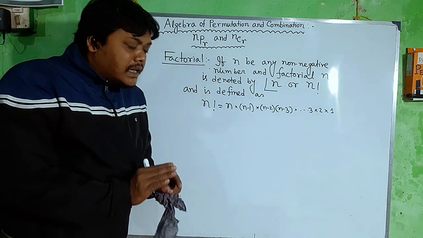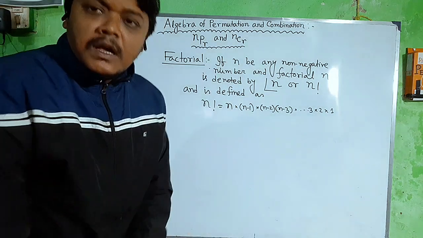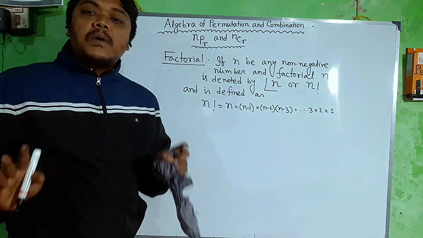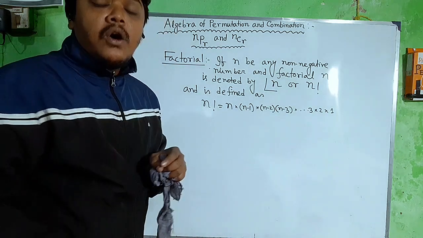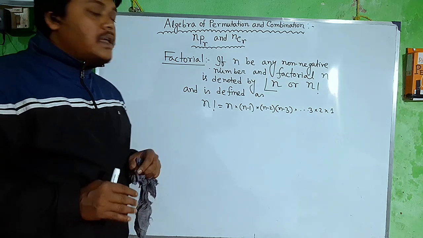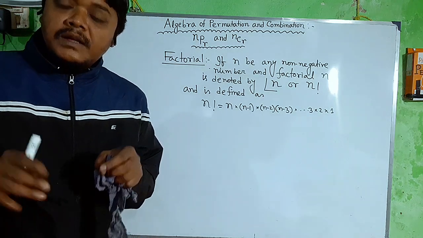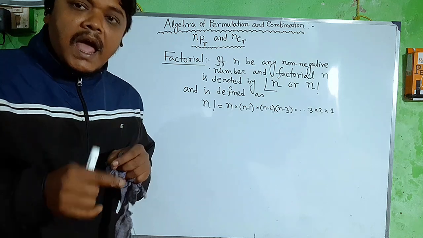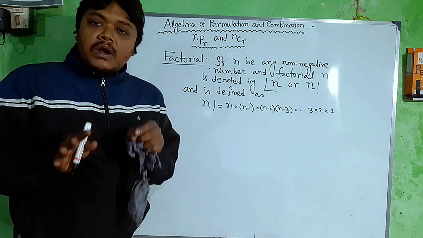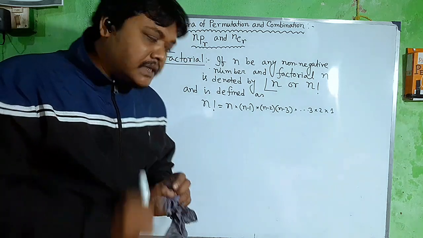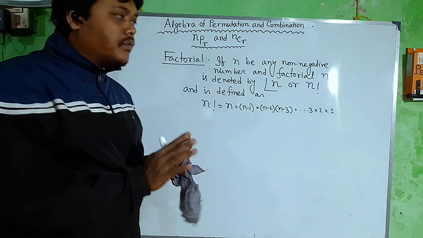This is linked with the multiplication principle. We have already done the multiplication principle in the number theory video. You can go to the playlist and see the number theory part, where I have already discussed the multiplication principle and the factorial notation.